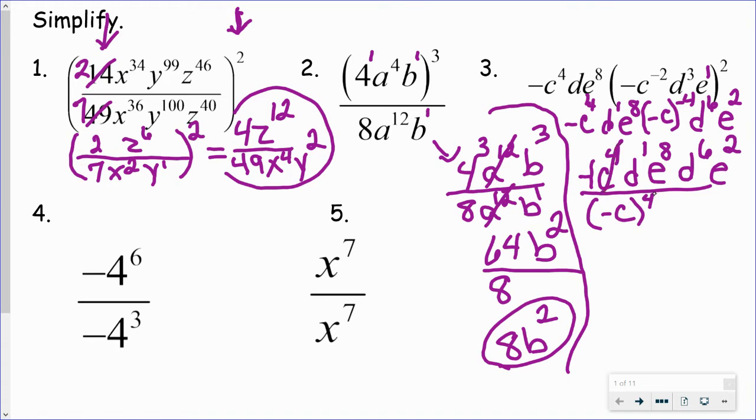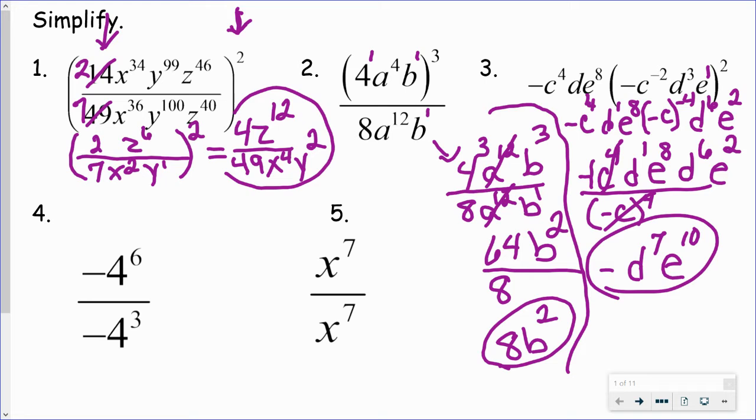So those in effect cancel. So we have that negative brought down. Now think d to the 1st, d to the 6th becomes d to the 7th. And now that's e to the 8 plus 2 is 10. So that's what that would all become. You just got to take your time.